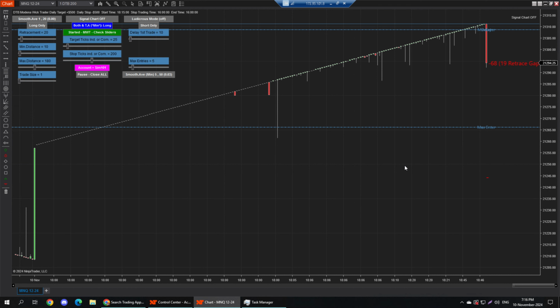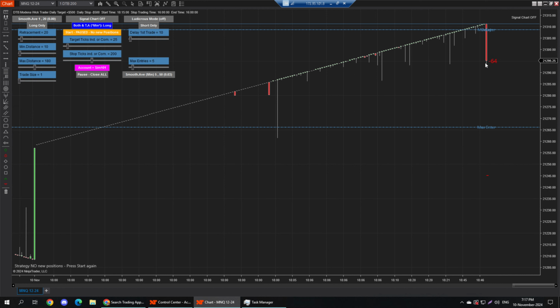So when it starts trading, and say for example, it's entered positions, and you are happy with the amount of positions that are currently in play on the market, what you can do is click on the start button again, and it will show a pause in there. It'll say strategy pause, no new positions.